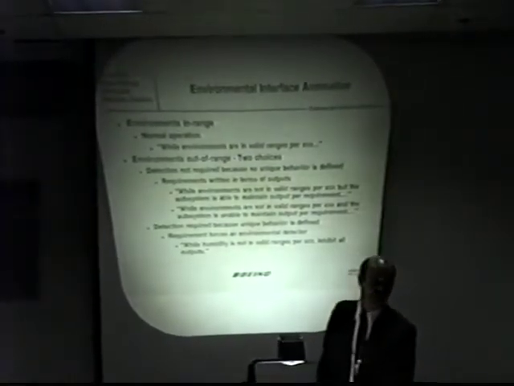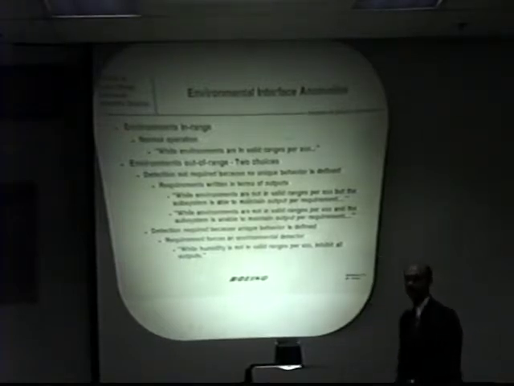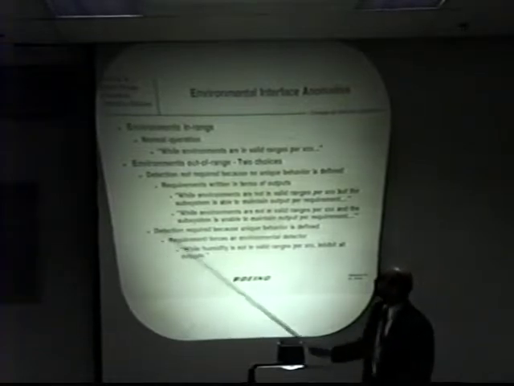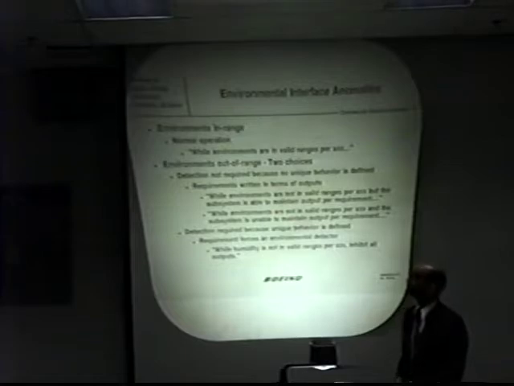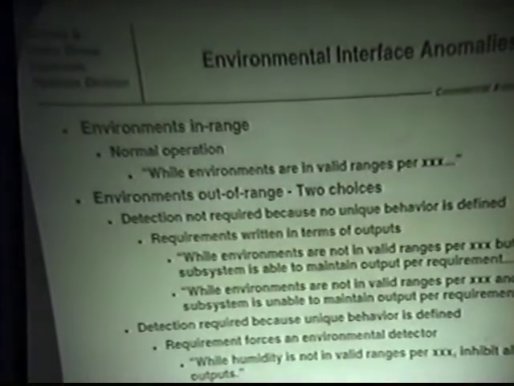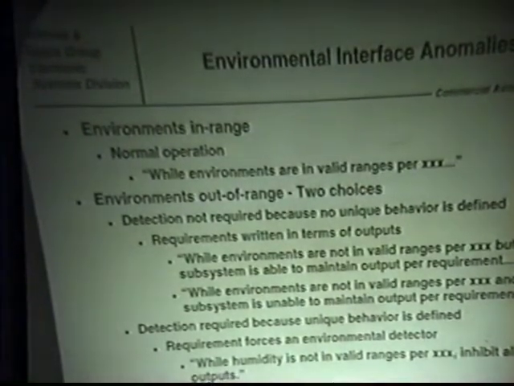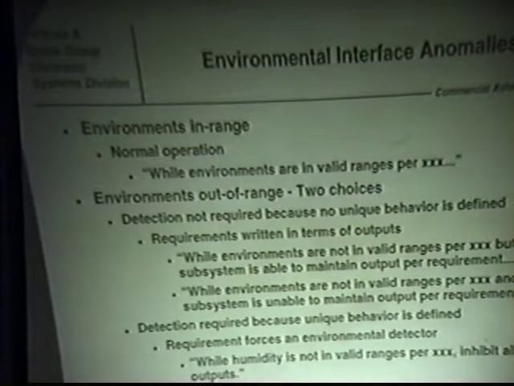Environments are really interesting because most of the time we don't want to measure them, but we still want to know if the system's going to respond correctly. Normally, the way we should write a requirement having to do with environments is, while the environments are in their valid ranges according to the section of the requirements document that describes all of the environments for that subsystem.